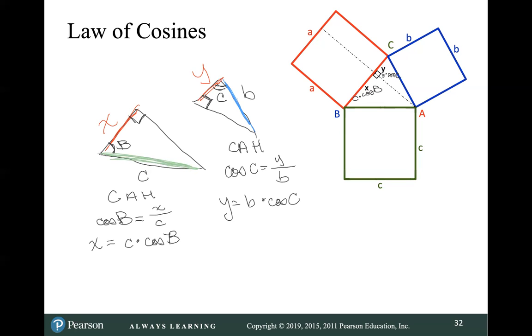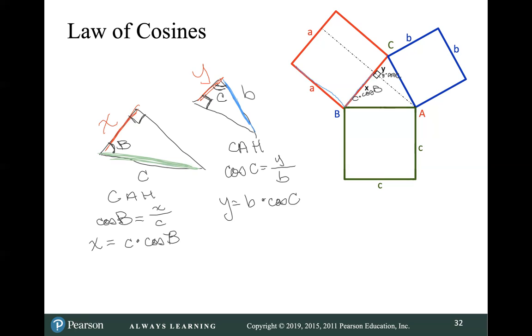So to find the area of the rectangle created by the altitude and the red square, what we can do is fill in the area by multiplying a times x.